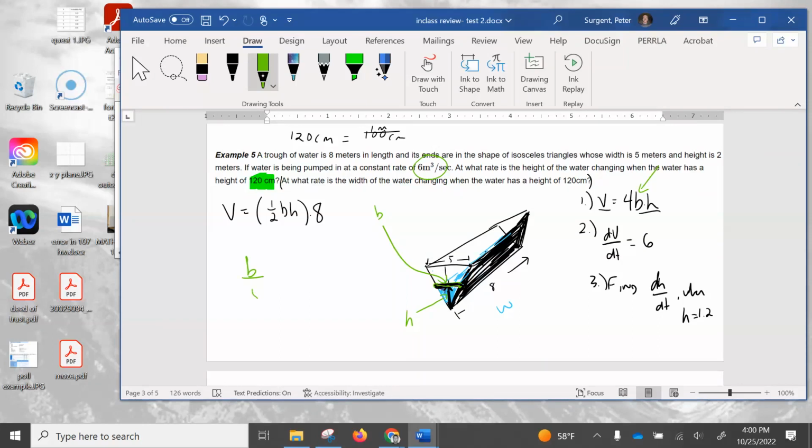So B to 5 has to be the same as H to 2. Sorry, H to 2. Got to put them in the same place. B to 5, H to 2.